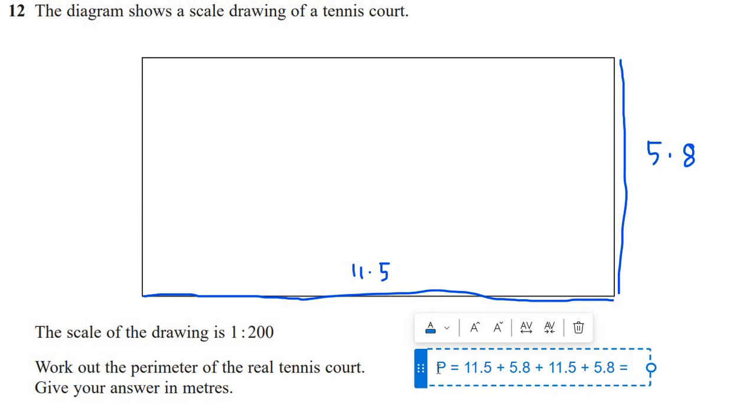So when you add all four sides together, it's going to be 34.6 centimeters. So this is the perimeter of the drawing.